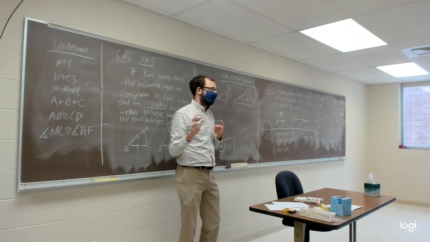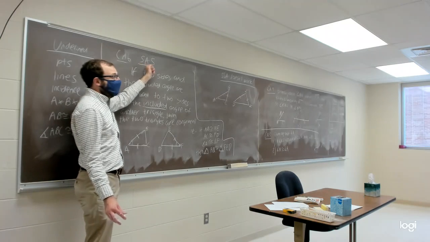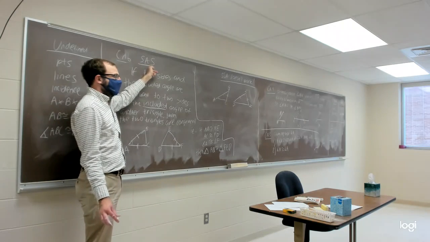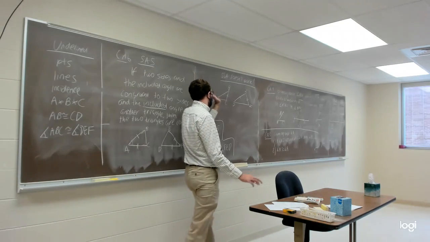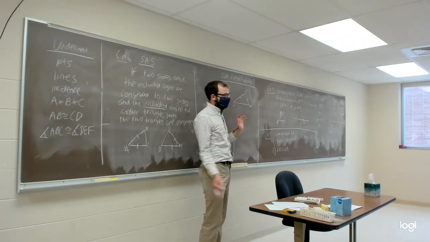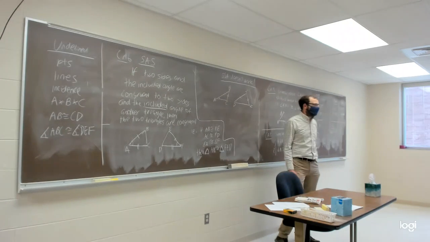In the way SAS is written out, the A is between the two S's to subtly indicate that, whereas with side-side-angle, A is not between the two S's. The side-side-angle doesn't work.